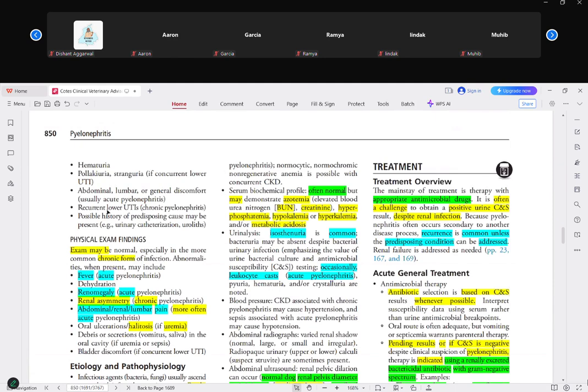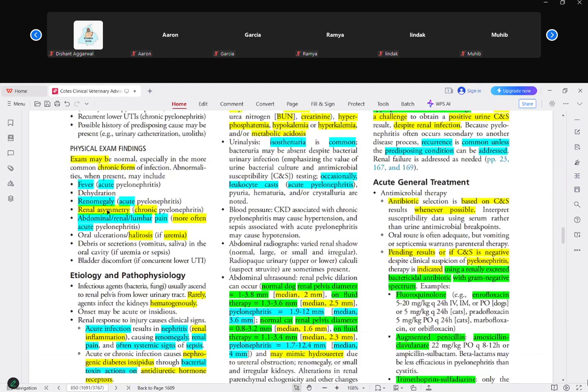On physical examination in acute pyelonephritis, you are going to find fever and renomegaly. In chronic pyelonephritis, you will find renal asymmetry. Abdominal pain is in acute pyelonephritis only, not in the chronic one. The chronic one is the one without any clinical signs, with renal asymmetry.